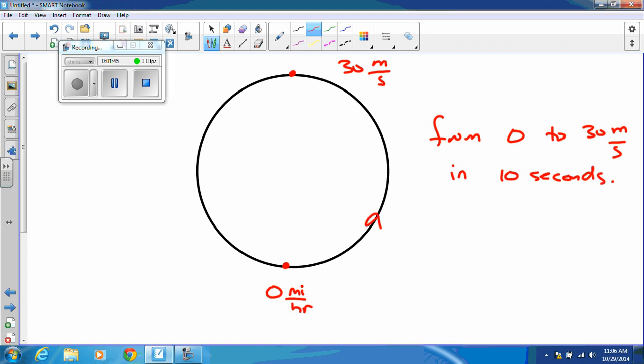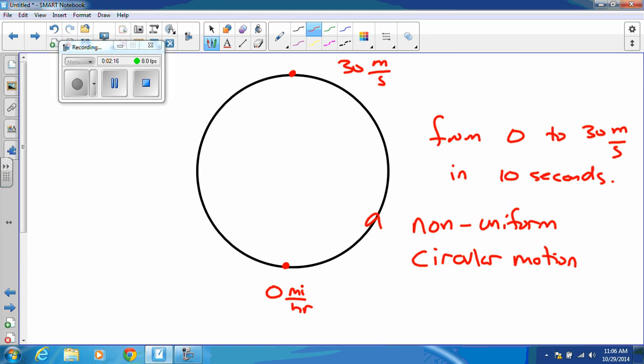So what you can see is that if our car is going this way, then what we have is an instance of non-uniform circular motion. The car is moving in a circle, but also it is increasing in its speed. Okay, so how do we deal with that?